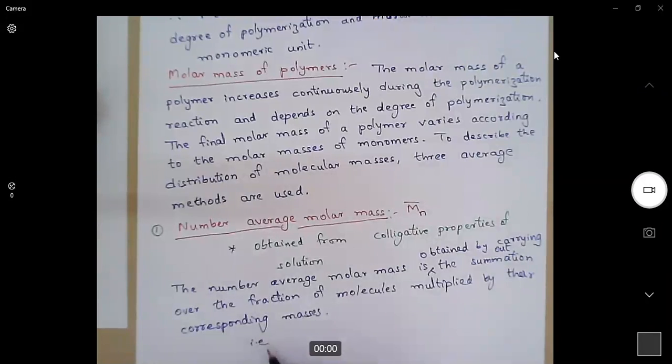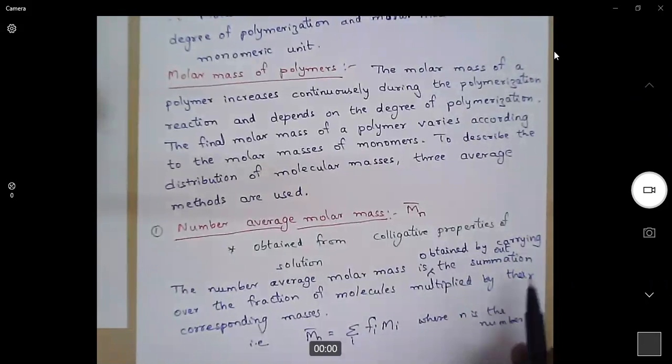That is, M bar n is equal to sigma Fi Mi over i, where n is the number. It is the summation over the fraction of molecules multiplied by their corresponding masses.